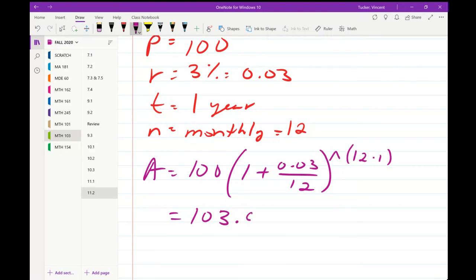All right, that will give us 103.04 for our future value after that year.